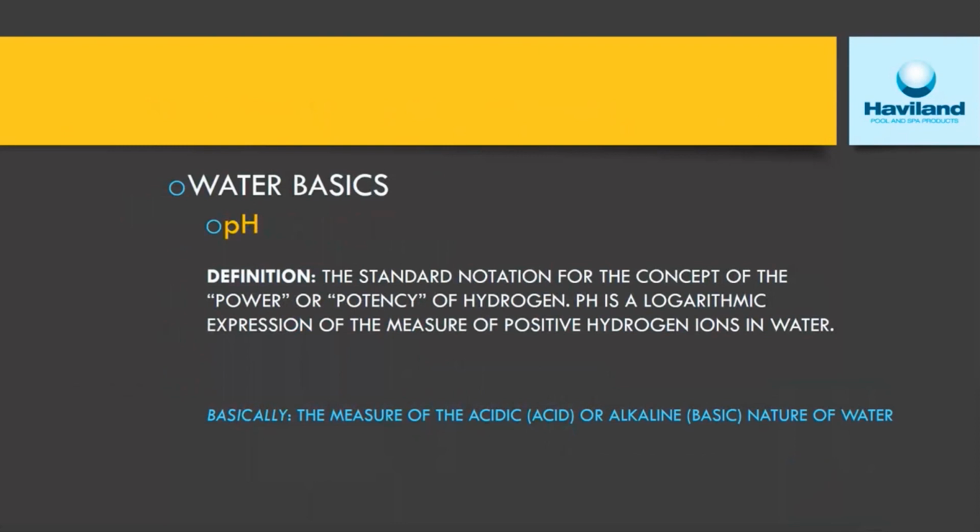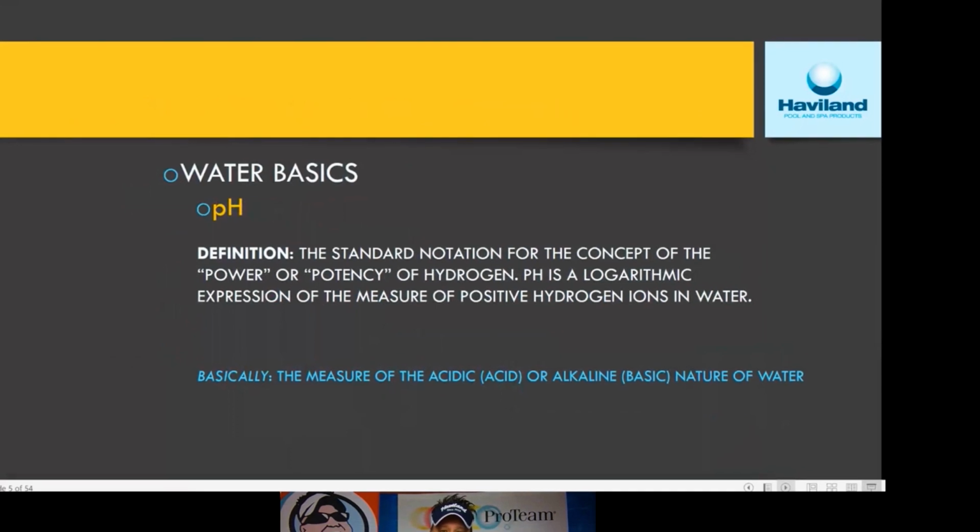And then they stare at me with a blank stare. Here's what I want you to remember. pH, number one, is a math problem, but who cares? It is measuring the quality of your swimming pool water. And this is important. I'm going to say this a lot. It measures the quality of your swimming pool water.